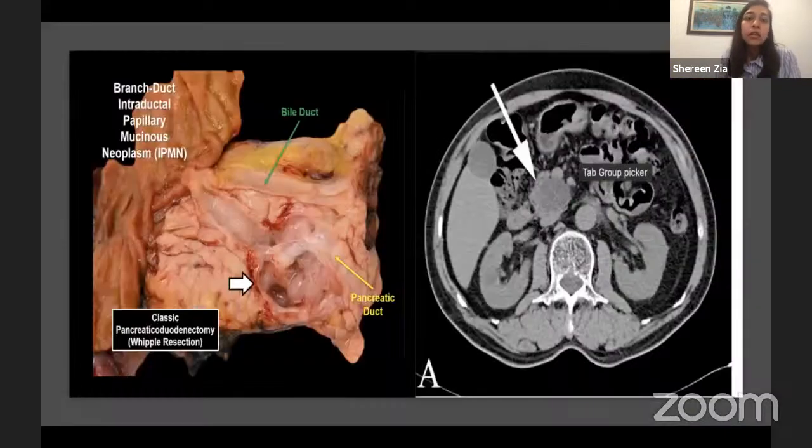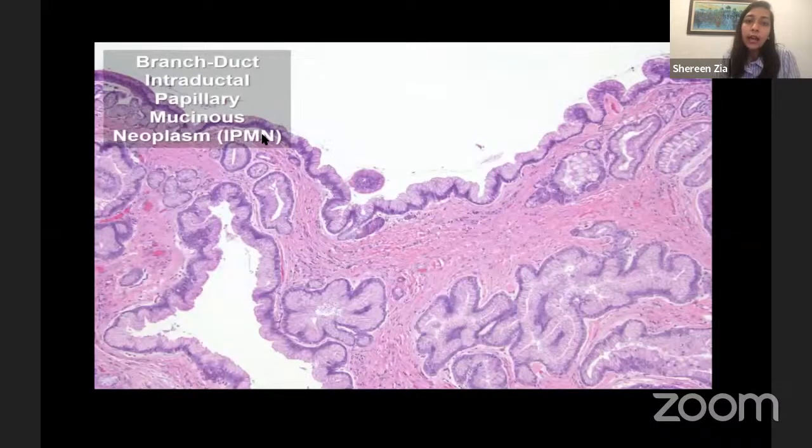So the branch duct IPMN, in comparison, that's the imaging finding in there, and it's not involving the main duct over here. So this is involving a branch pancreatic duct, and they usually appear as kind of multilocular or cystic lesion on the side. So that's what you can appreciate over here. And as we mentioned in the definition, they can be flat mucinous epithelium as well.